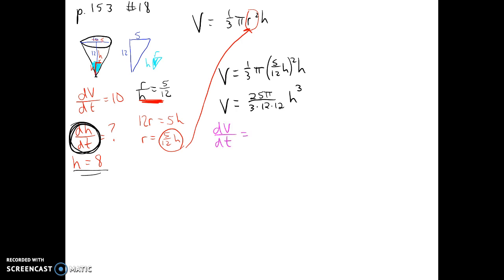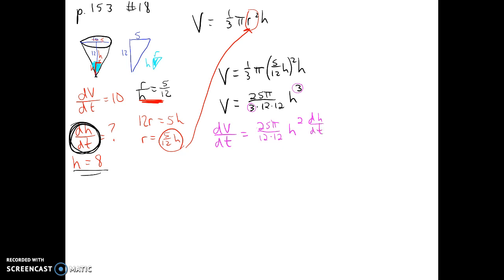Implicit differentiation. This 3 is going to reduce with this 3. So this would be 25 pi over 12 times 12 h squared dh dt.